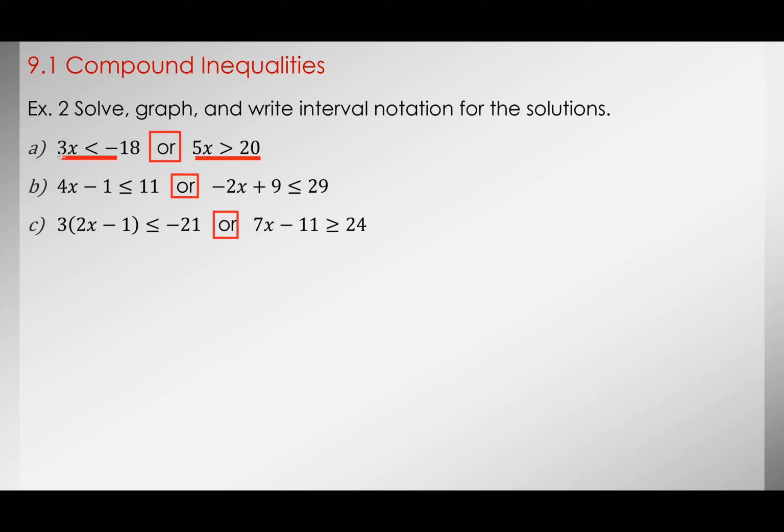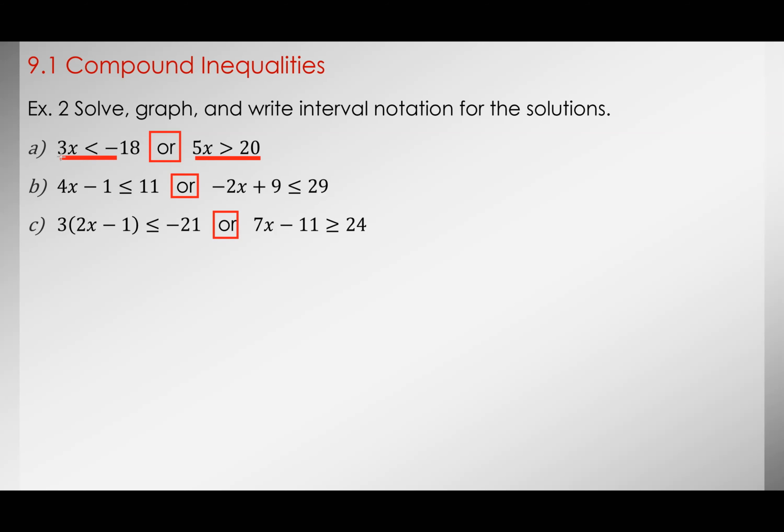Okay, so let's take a look at this particular problem in A. We have 3x less than -18 or 5x greater than 20. So how would we go about solving this problem?